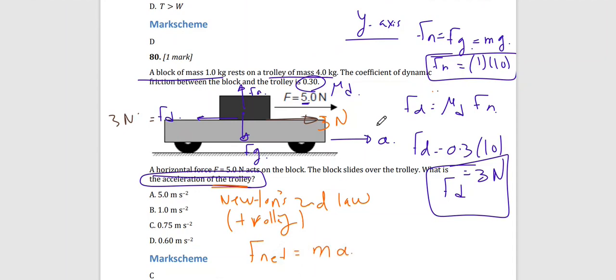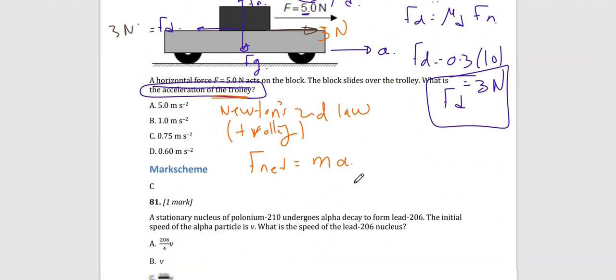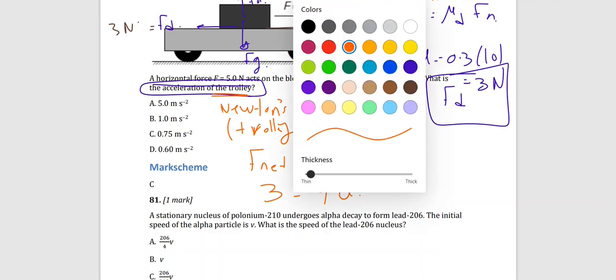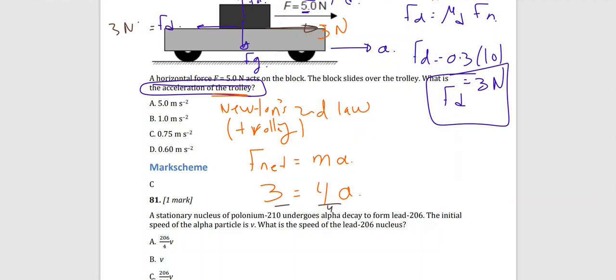What are the forces here in this direction? It is 3 Newton. The mass of the trolley is 4 times the acceleration a. So a will be 3 over 4, dividing both sides by 4. So a will be 3 over 4, which is 0.75 meter per second squared.